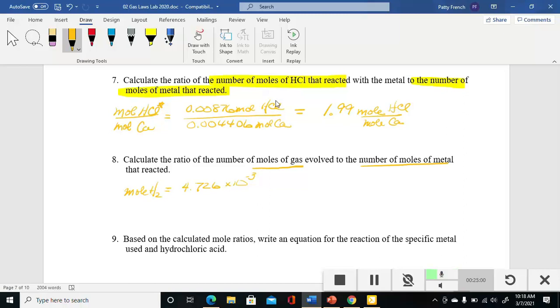And we found from the last page that the moles of calcium were 4.406 times 10 to the minus third. So let's go ahead. Ratio: 1.073 moles of hydrogen gas per mole of calcium.